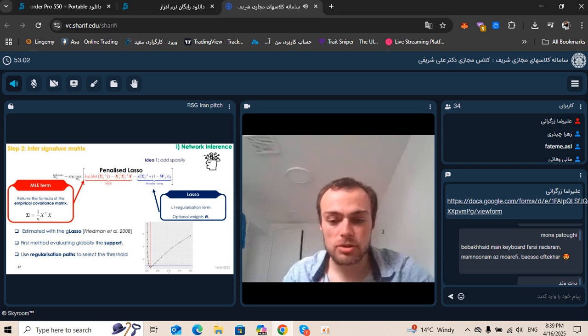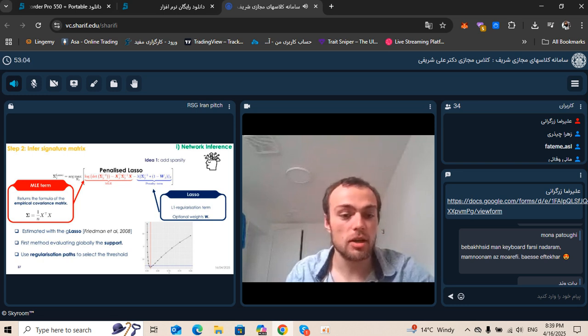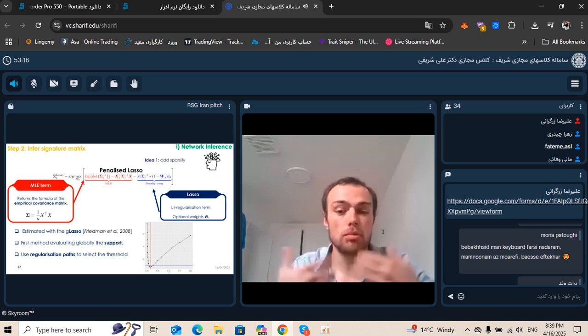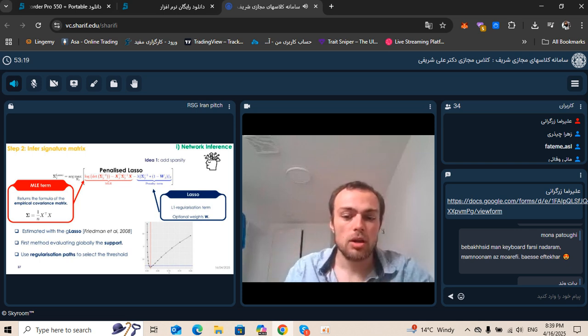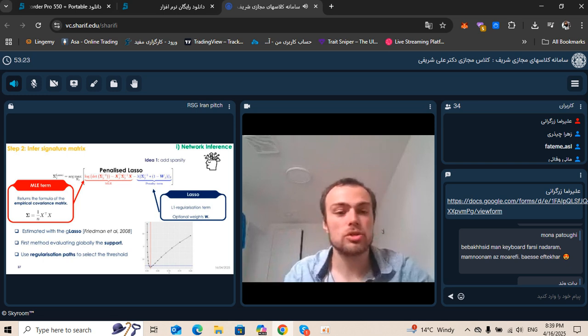So the graphical lasso mixes a standard likelihood, here represented in red, with a penalty regularization term that would penalize for spurious interactions between genes. So only the most significant interactions would be considered. Another way of considering the graphical lasso is a sort of multi-dimensional extension of the standard lasso regularization framework.